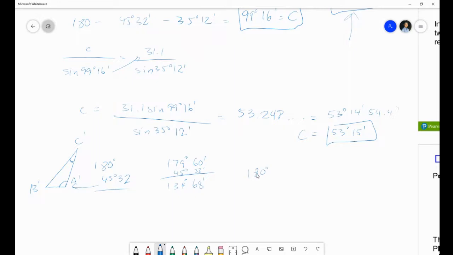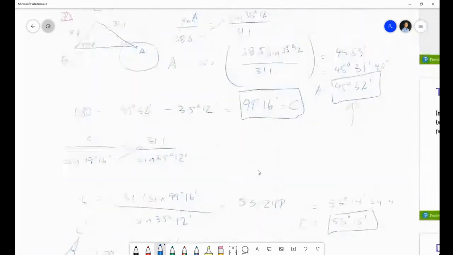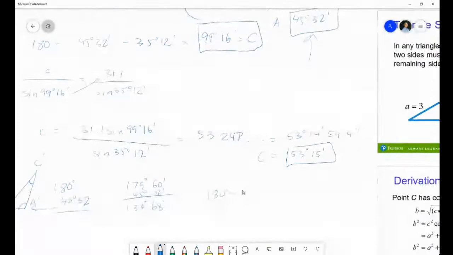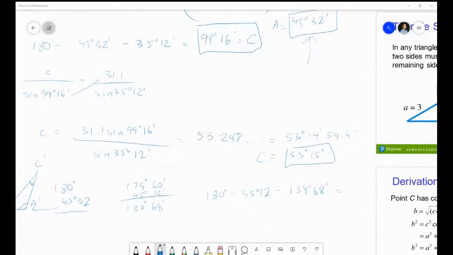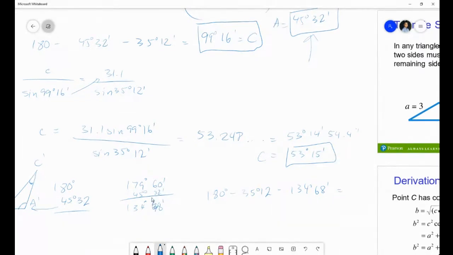Once we have that, we can find out what our C prime angle is. I take 180 degrees minus angle B. B was 35 12, minus the angle we just found, 134.68. So let's see what we got here. Pretty small angle. Oh wait, I messed up. 6 to 4, this is 2.